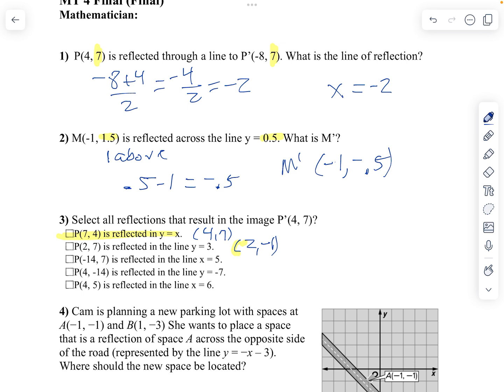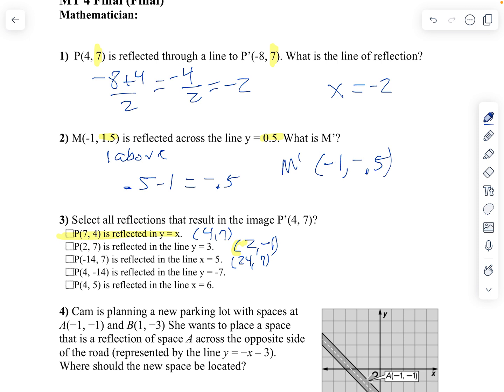Okay, if I do x equals 5, from -14 to 5, that's 19, isn't it? So 19 plus, I'm to the left, so I got to go to the right. So 19 plus 5 would be 24 and 7. So that one is not right. From -14 to -7, I'm 7 below.